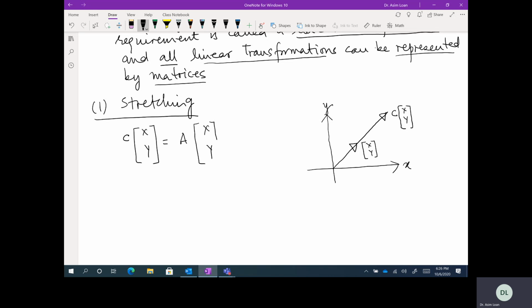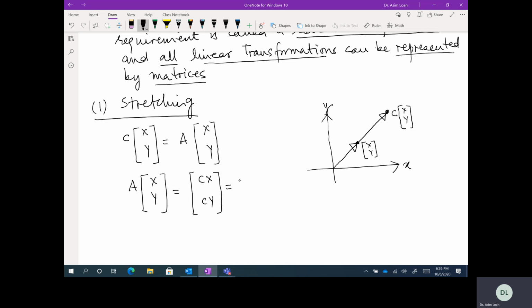A operates on the vector (x, y), and we get this new vector c times (x, y). So I can write A times (x, y) as (cx, cy). When you multiply a scalar by a vector, every entry of the vector is multiplied by the scalar.